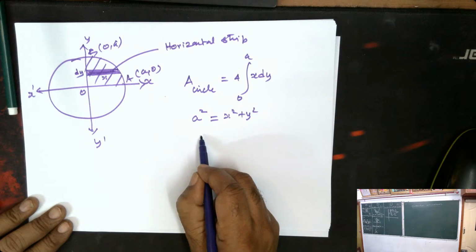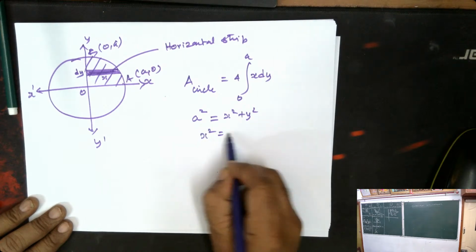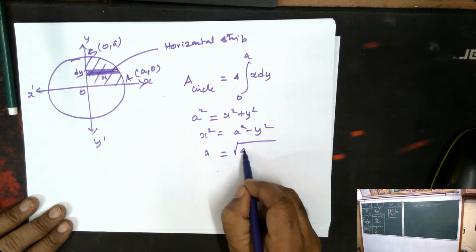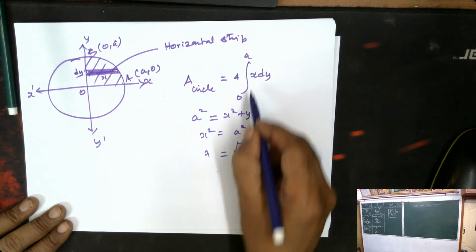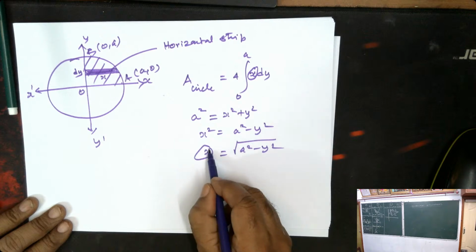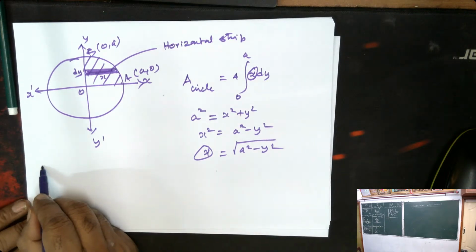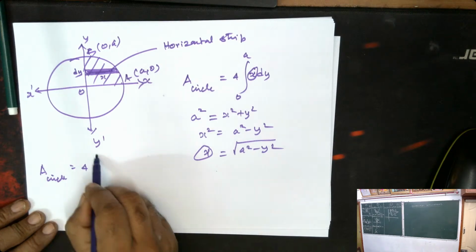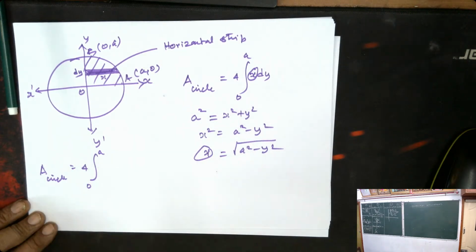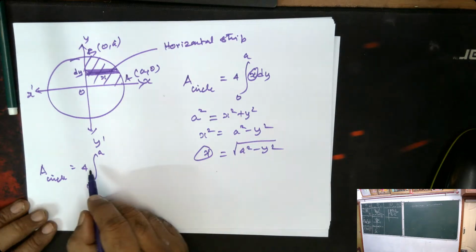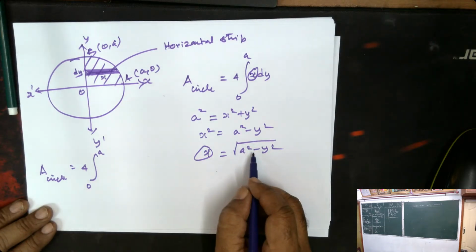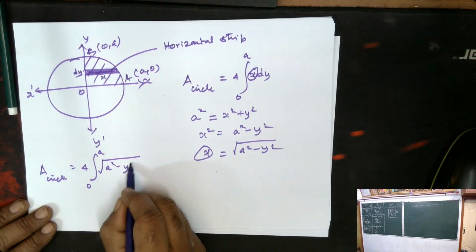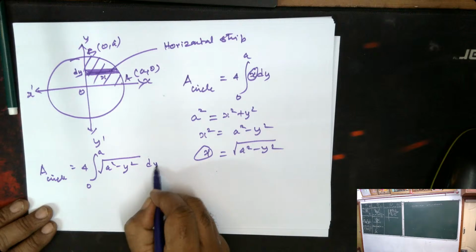So x squared is a squared minus y squared. So x is equal to square root of a squared minus y squared. So let us substitute the x here. Therefore, area of a circle is equal to 4 into integral between the limits 0 and a of square root of a squared minus y squared dy.